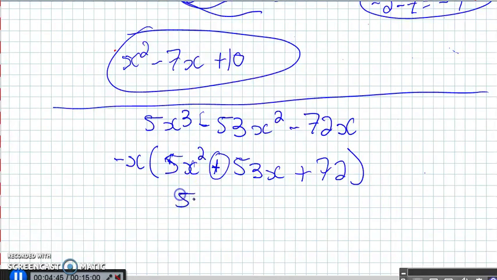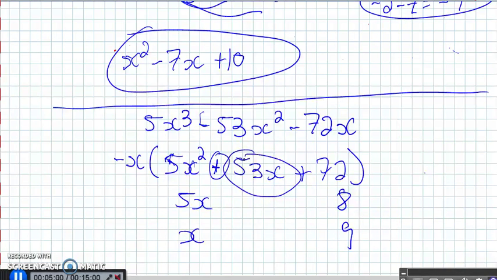That's 5x and x, because 5x times x is 5x squared. And you find the factors of 72. I'm telling you right now that it's 8 and 9, because 8 plus 9 is not 53.